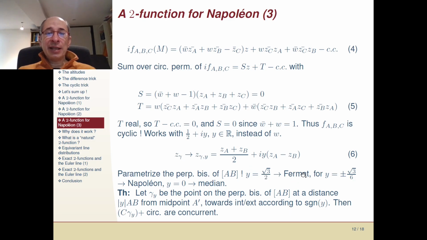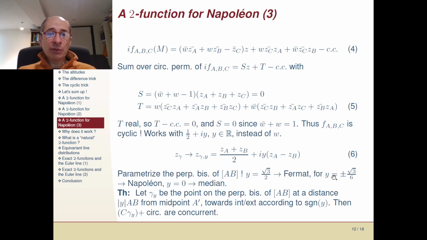So in that case, we recover the Fermat line. But if we take y equals plus square root of 3 over 6, it's easy to see that we obtain the centroid. This complex number here is the complex coordinate of the centroid, and so we obtain the first Napoléon line. And if we take a minus square root of 3 over 6, we obtain the other Napoléon line, the second Napoléon line.